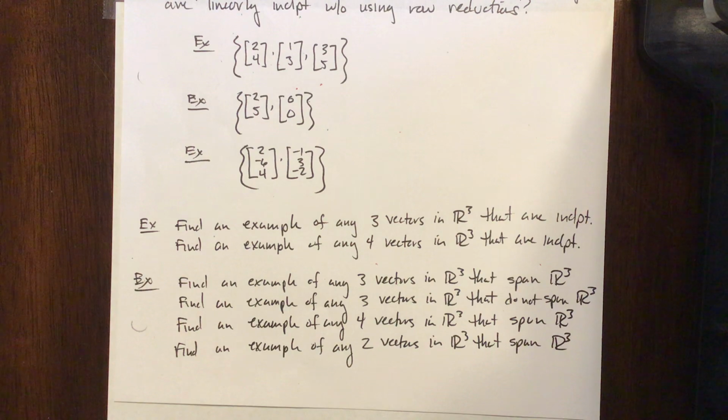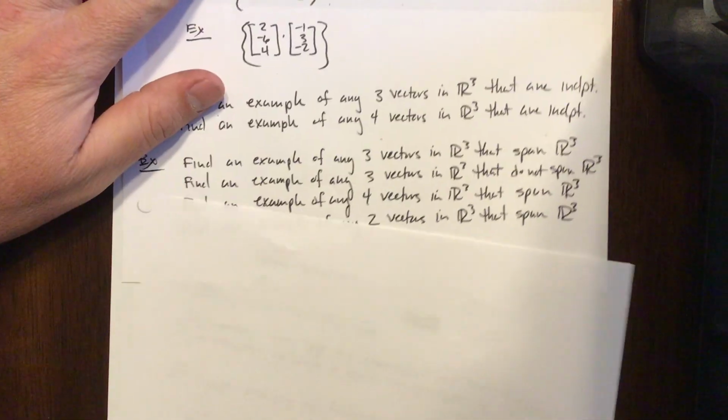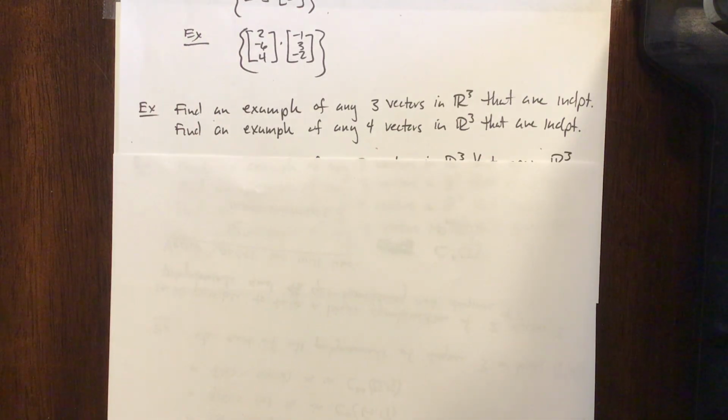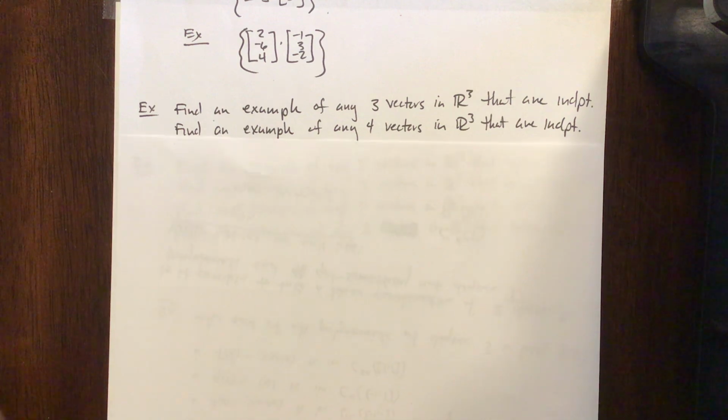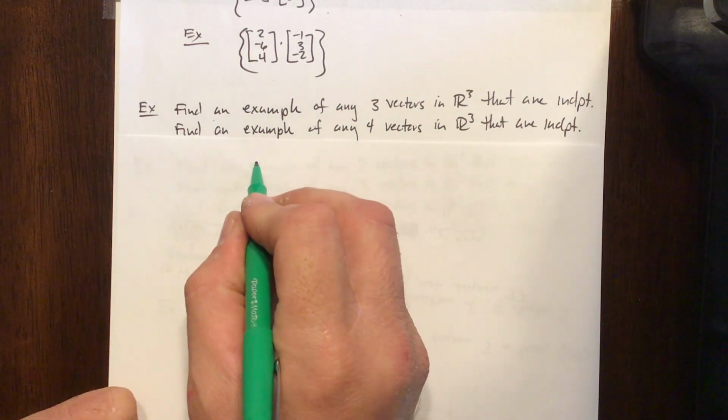Lastly, find an example of any 3 vectors in R3 that are linearly independent, if possible, and if not possible, then state why it's not possible. So you want 3 vectors in R3 that are linearly independent.